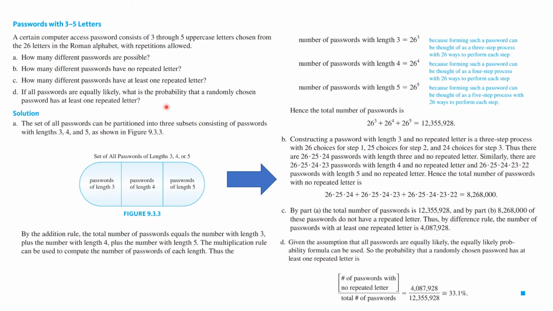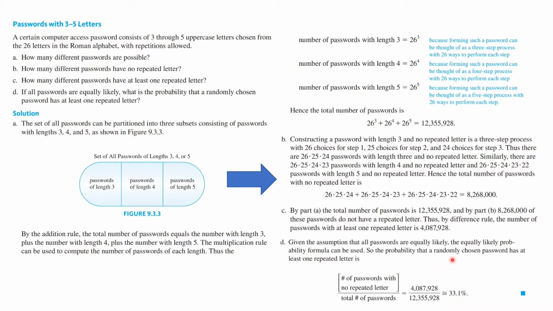Last but not least on this example, if all passwords are equally likely, what is the probability that a randomly chosen password has at least one repeated letter? Well, we're going to take the number of places where password has no repeated letter over the total number of passwords, and we will get 33.1%.